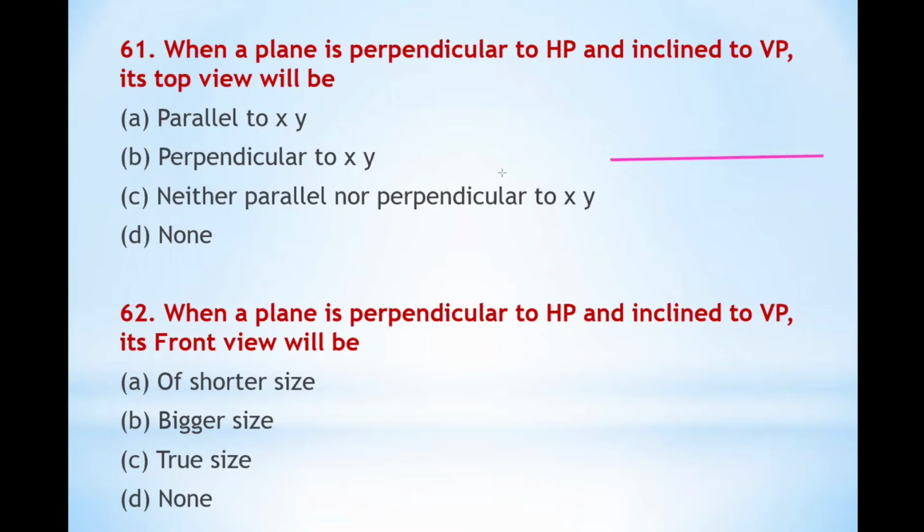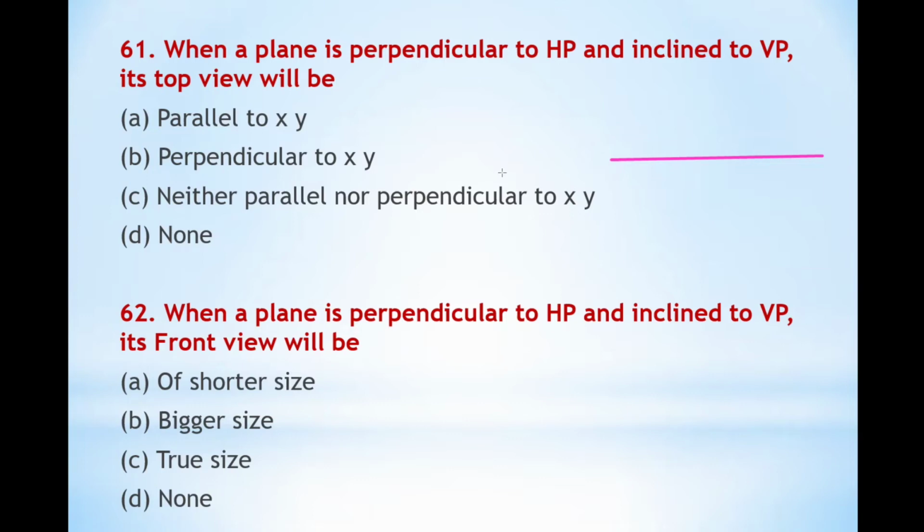The plane is perpendicular to the HP. On whichever plane it remains perpendicular, the view we get on that plane is an edge view, that is, a line. Here this plane is perpendicular to the HP, so the top view we get will be an edge view.